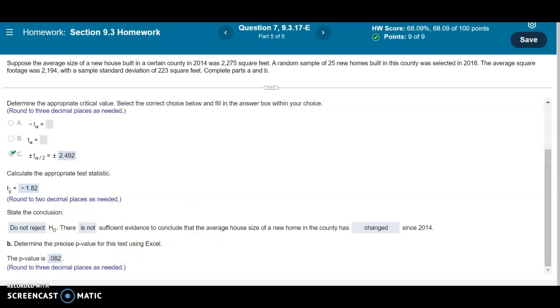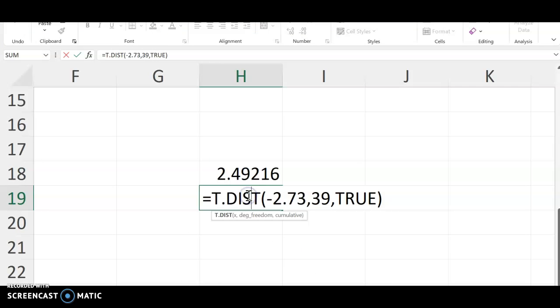The p-value, so to get your p-value, your test statistic was negative 1.82 and n was 24.